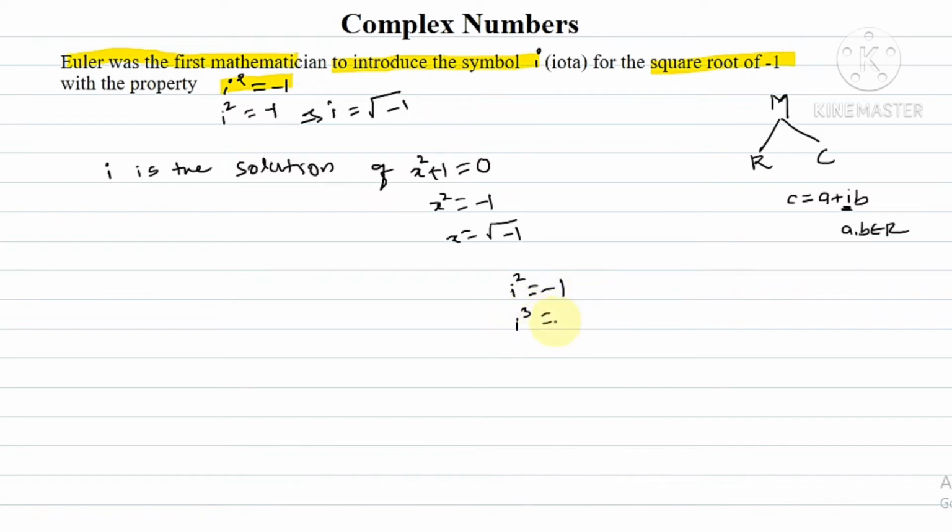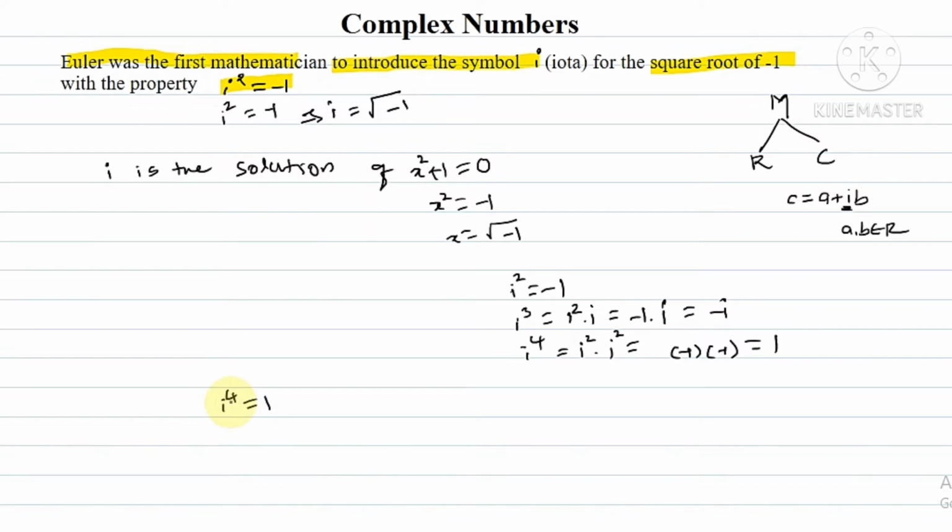Already we know that iota square equal to -1. Then iota cube, this is an integral power of iota, we can write iota cube equal to iota square into iota, where iota square value is -1, into iota, which implies minus iota. Iota power 4 equal to iota square into iota square, which implies -1 into -1, this gives +1. So we can conclude that iota power 4 equal to 1.